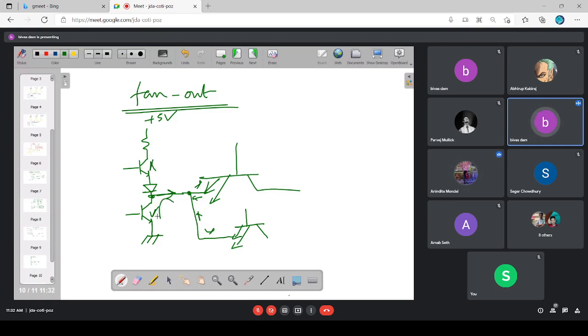So there it is sinking current. When it is sourcing current, the current must be sourced in this manner. So this must remain off, this must be on. So under logic 1 condition, output is logic 1, and these are basically operating in inverse mode.